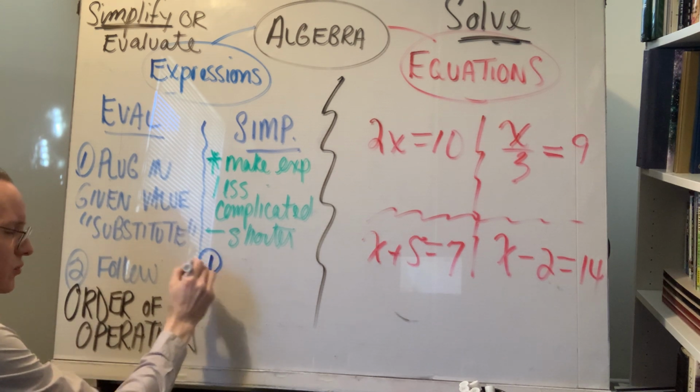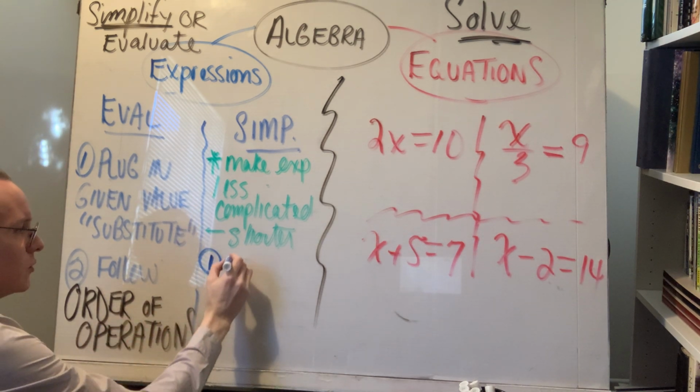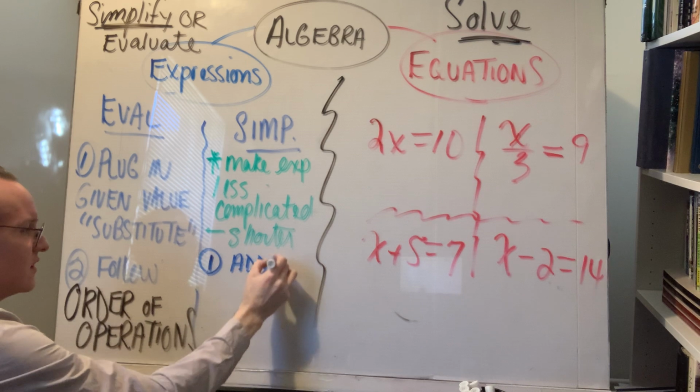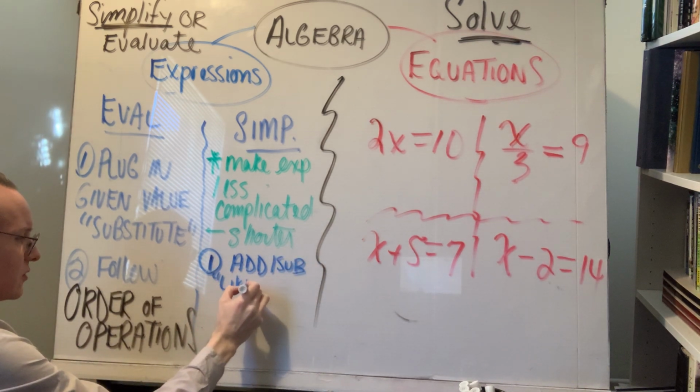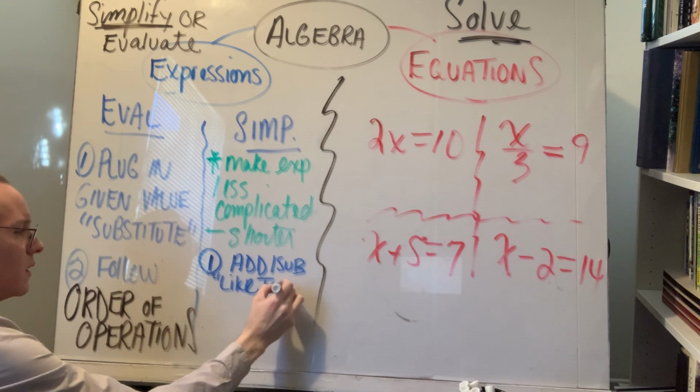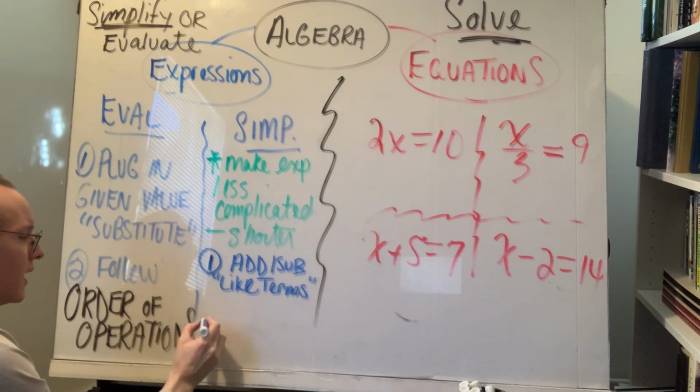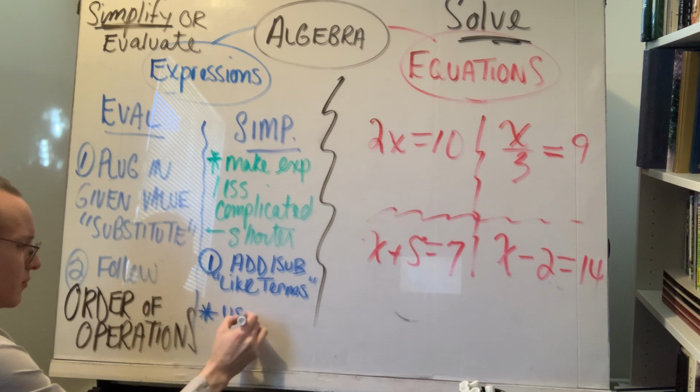So if I'm going to subscribe a number here, you add or subtract what qualifies as like terms. And then in some instances, and you sometimes do this before, use the distributive property.